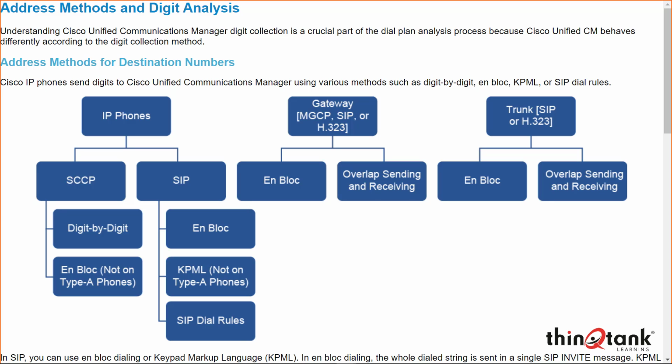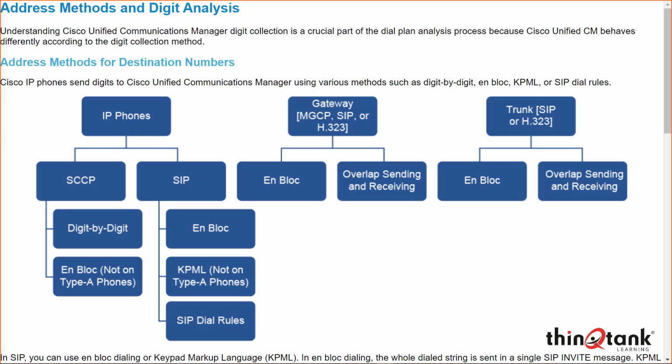This is only going to be available with SIP, obviously, as the diagram describes here. But KPML matching is a form of N block dialing as well. The whole digit string gets sent in a single SIP invite message. And then with KPML, the digits are sent one by one.